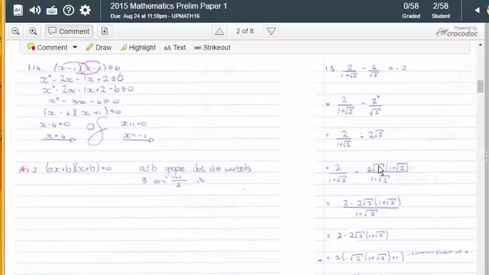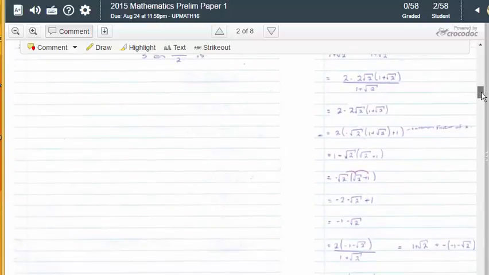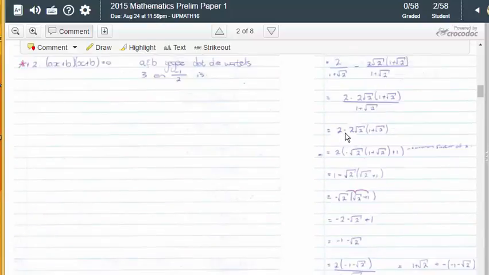Then in the next step, what she did is add the two fractions. To make this one a fraction with that, we multiply the top and bottom with that. And up to this point, she did remarkably well. I don't know what happened to her denominator here, but up to this point, you did brilliantly.